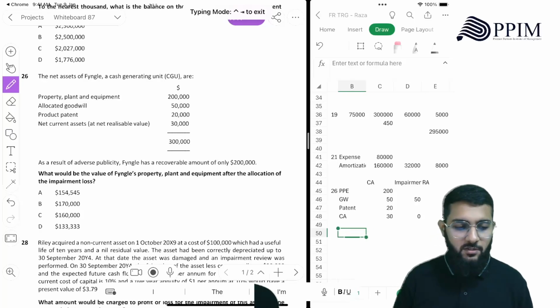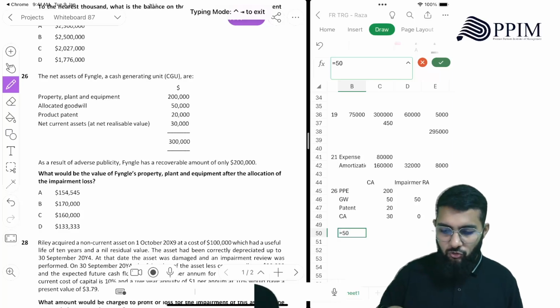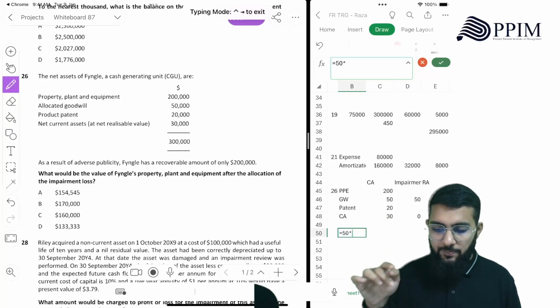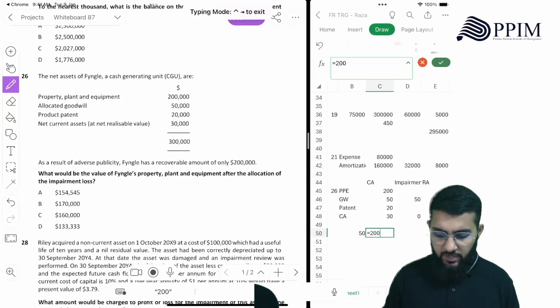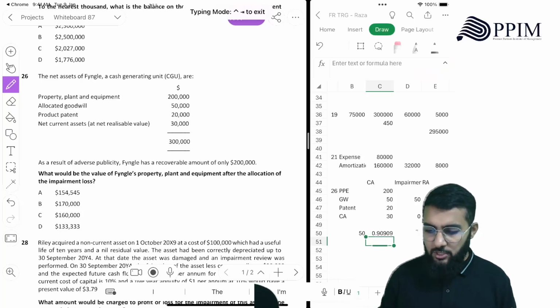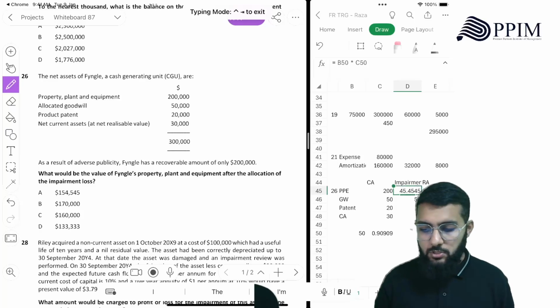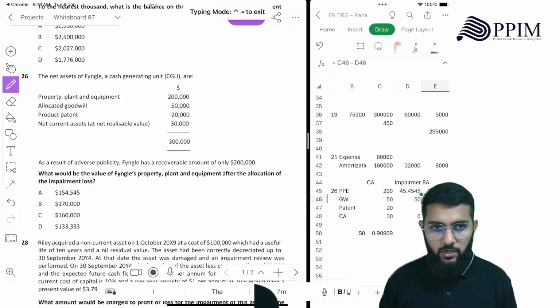How do you do the allocation? What's the remainder? 50,000. First we are looking at PPE. PPE allocation is going to be based on 200,000 divided by 220,000, which is 0.909. So you are allocating the impairment into this. What is the recoverable amount of the building? 154,545.